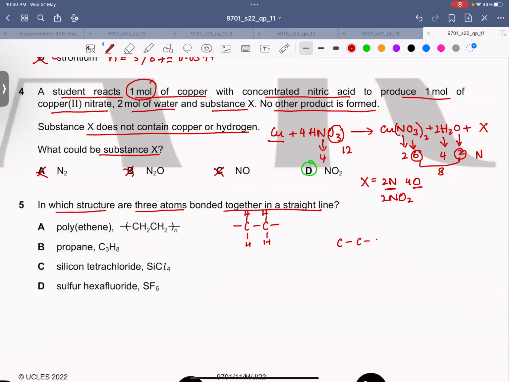For propane, I would be getting this structure. For silicon tetrachloride, I would be getting this structure. And for SF6, I would be getting this structure. So what could be the answer?